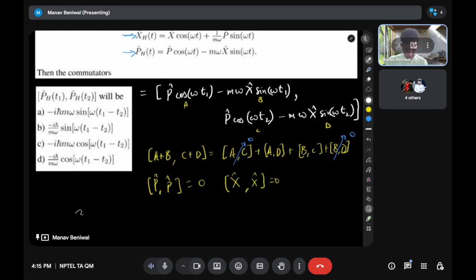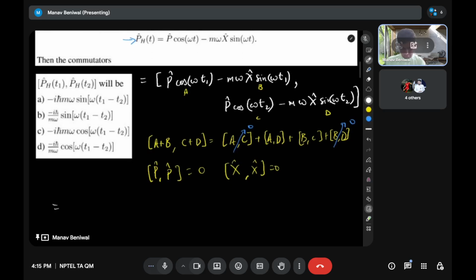So essentially we will have p cos omega t1 and its commutator with minus m omega x sine omega t2.